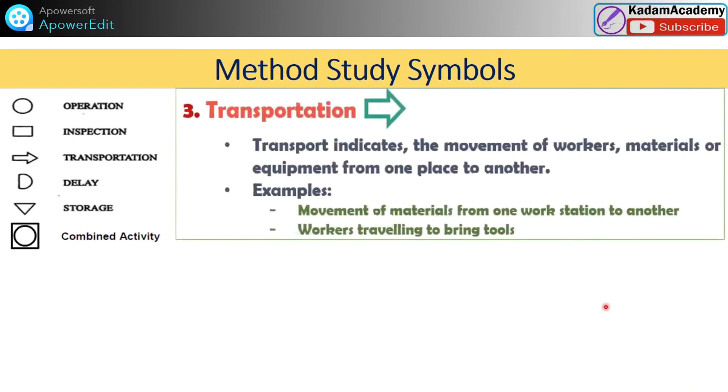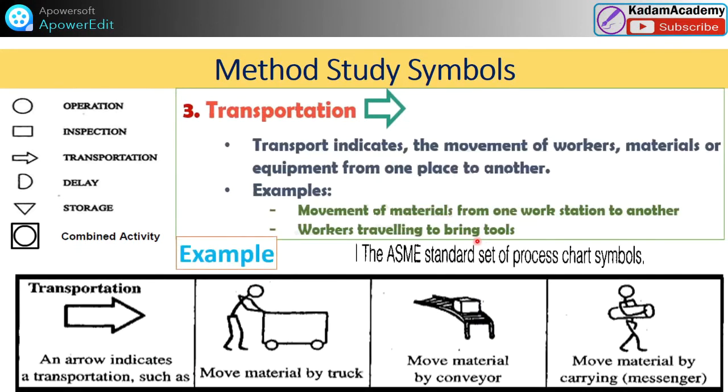The third type of symbol is transportation, represented by an arrow. Transport indicates the movement of workers, material or equipment from one place to another, and you represent it on the charts with the transportation symbol. Examples are movement of material from one workstation to another, or workers traveling to bring tools.